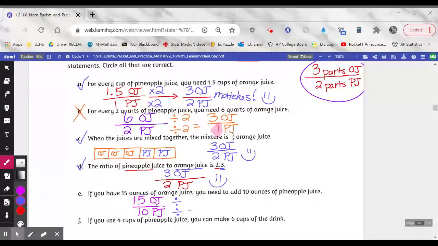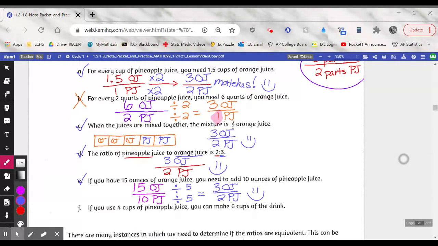And 5 goes into both of those. So if we divide 5 on the top and bottom, we get 3 of OJ for every 2 of pineapple juice. So this one, when we compare it back to the original, it's a match. So far the only one that didn't work is B.